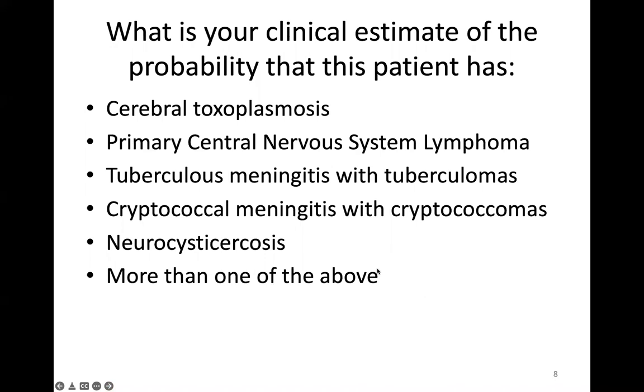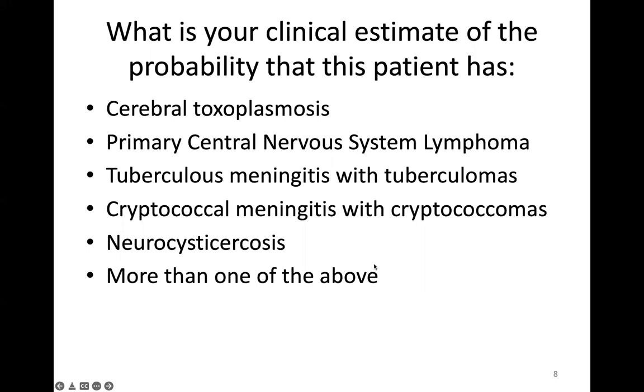All right. I see most people think toxo, maybe neuro. All right, interesting. I'm going to stop. We take 30 seconds with this pause, right? So there we are. Most of us think it's toxoplasmosis and then tuberculosis meningitis.